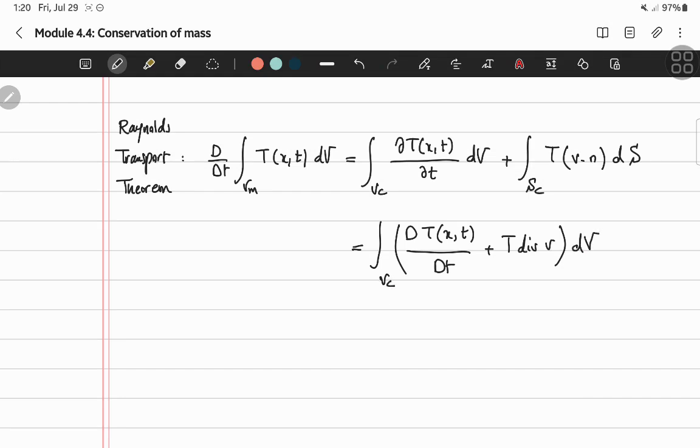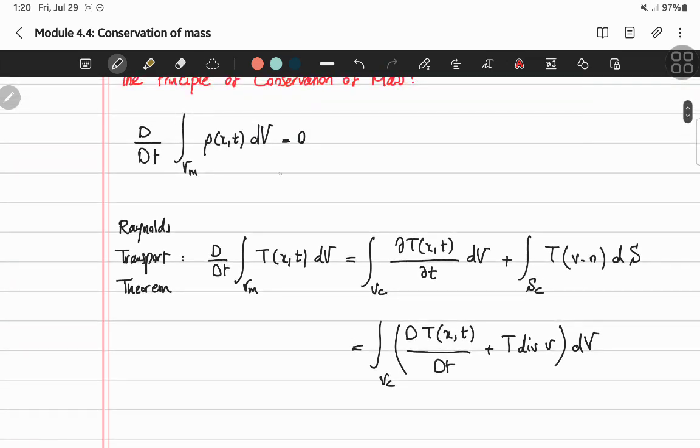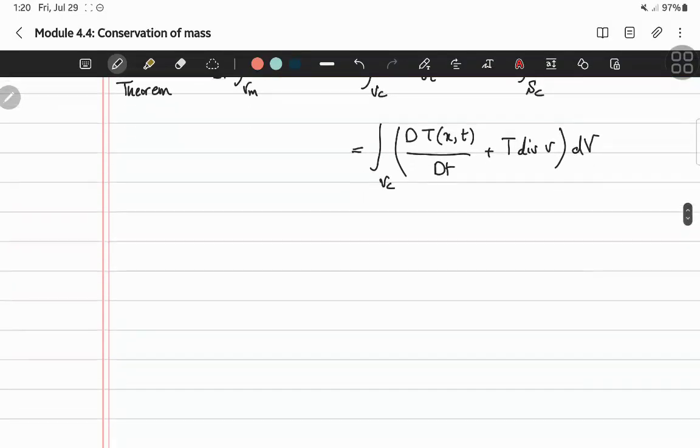So basically, now we're going to write this equation using these expressions, using the Reynolds transport theorem.